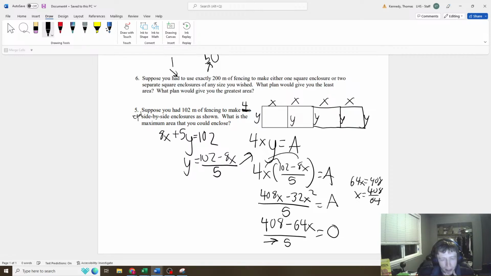What does this simplify to? Let's see, 4 goes into top and bottom, 102 over 16. 4 does not go in, so 2 goes in, 51 over 8. Seems good, 51 over 8 meters. That's x. And y would be (102 minus 8 times 51 over 8) over 5. Otherwise known as 51 over 5 meters. Chillin'.